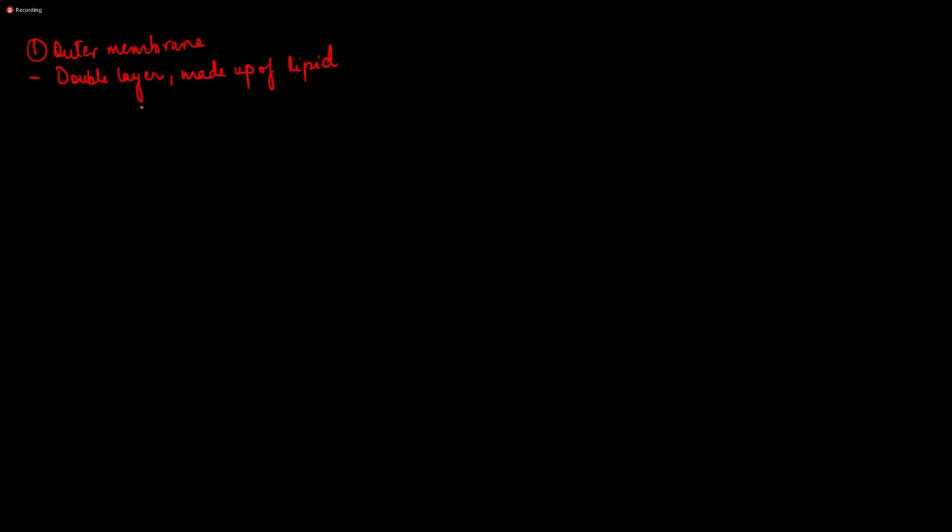Apart from this, what else did we see? We saw that porins are present on the outer membrane, and because of these porins, the outer membrane is more permeable.